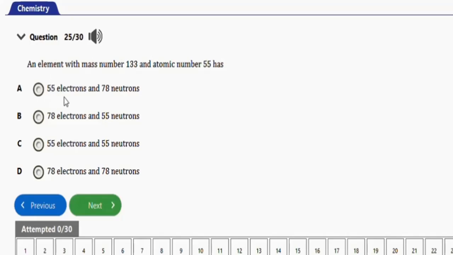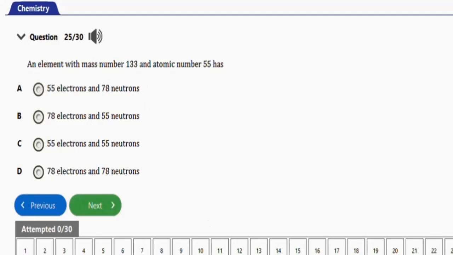And the number of neutrons will be when you subtract 55 from 133. So you're going to have 55 electrons and 78 neutrons, which will be the answer to this question. Because 133 minus 55 will be 78. Okay, so that's it for this question.